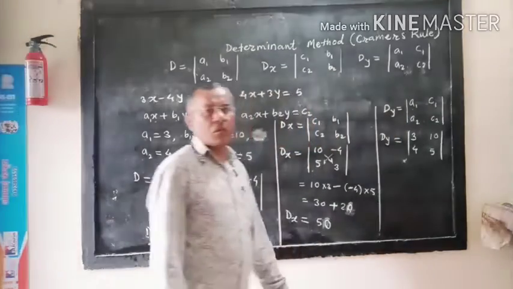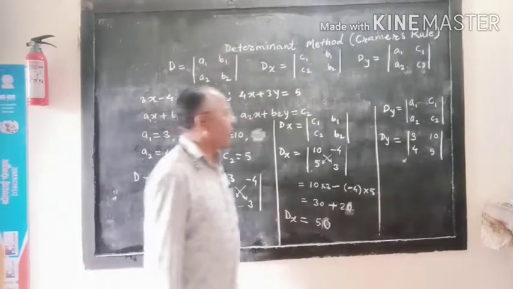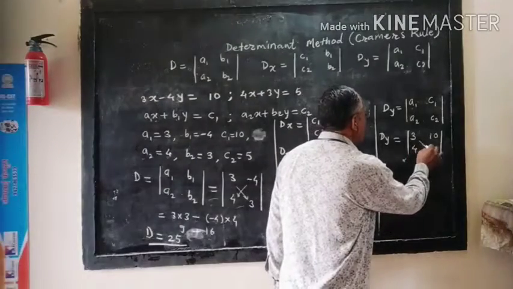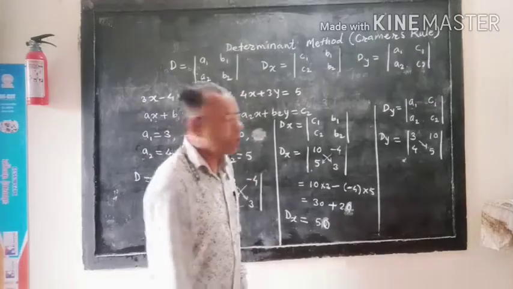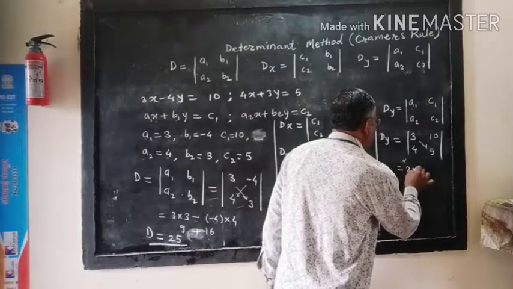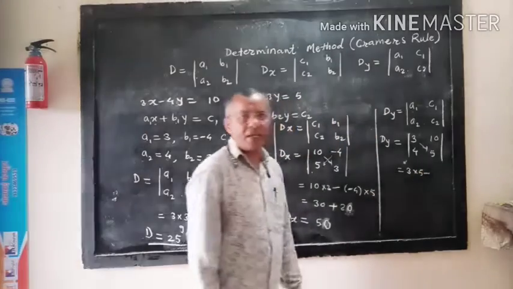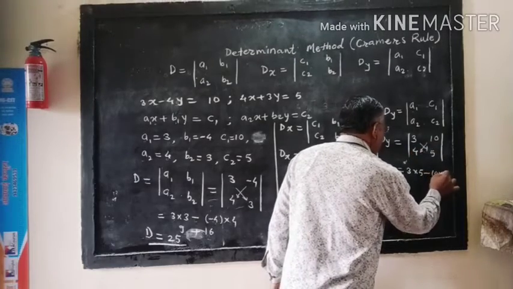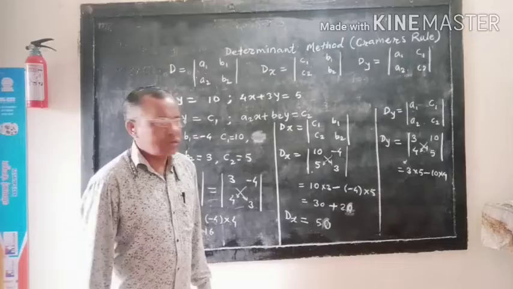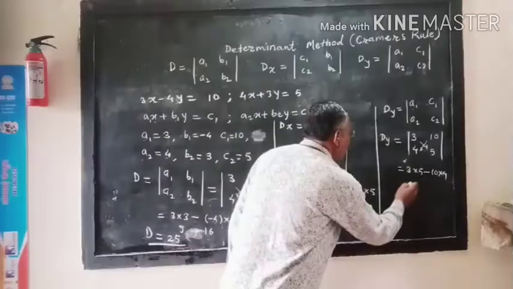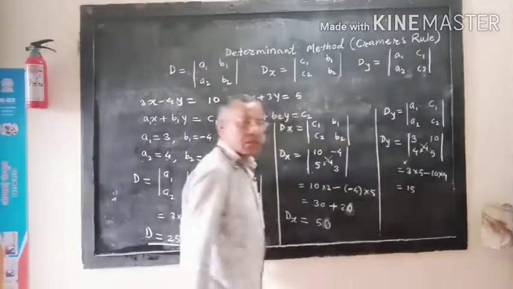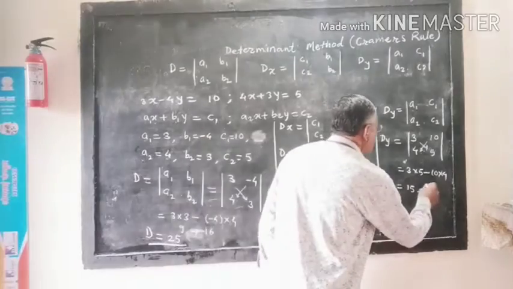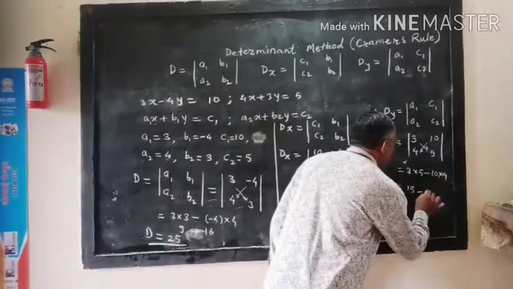In this way. Now boys and girls, you have to find the value of this d of y, and for finding d of y you have to cross multiply in this way. 3 into 5, sign will be minus here, and 10 into 4. Now see the multiplication. 3 into 5 is equal to 15, minus 10 into 4, that is 10 fours are 40.